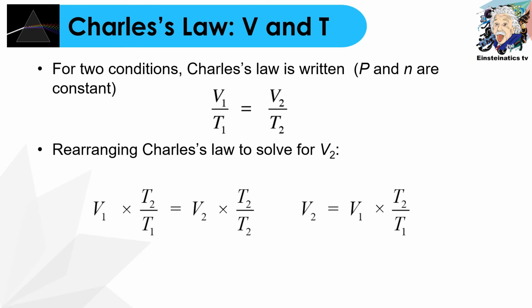So for two conditions, Charles' law is written as V1 over T1 is equal to V2 over T2. So if we are going to arrange Charles' law to solve for V2, we are going to use this one, V1 times T2 over T1 is equal to V2. So ibig sabihin nito, our formula that we are going to use is this one, V2 is equal to V1 times T2 over T1.